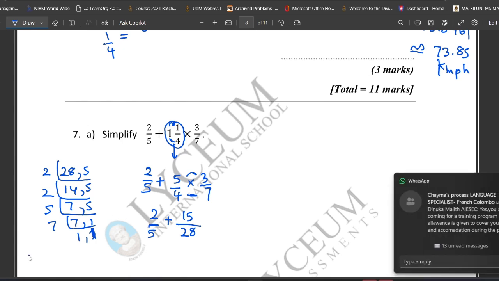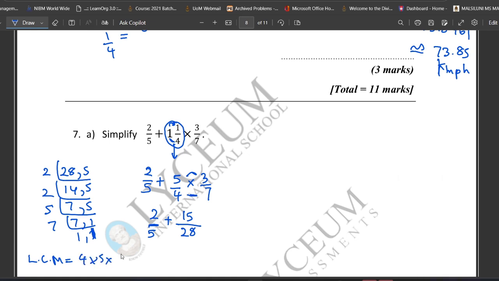Now LCM is 4 times 5 times 7. So that's 1/4. So to get 140, I have to multiply this by 28, also this by 28 and this by 5.